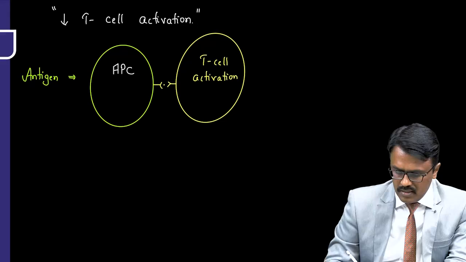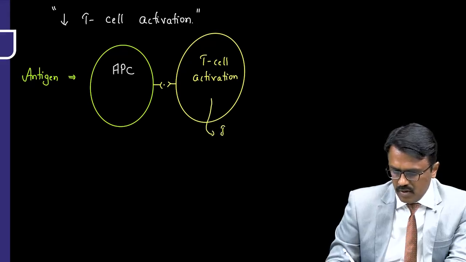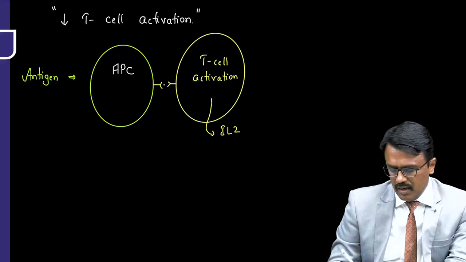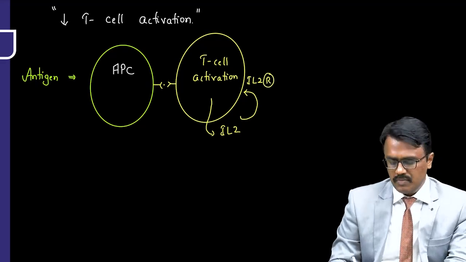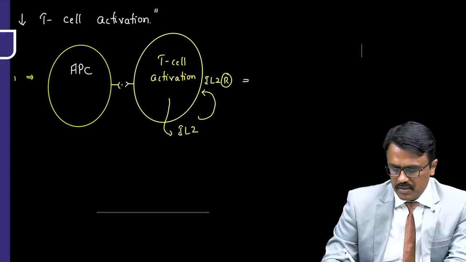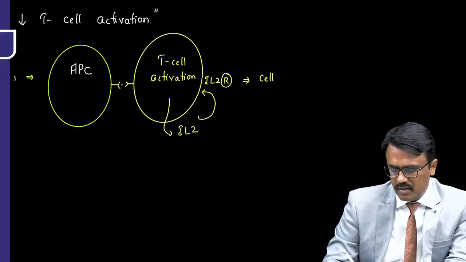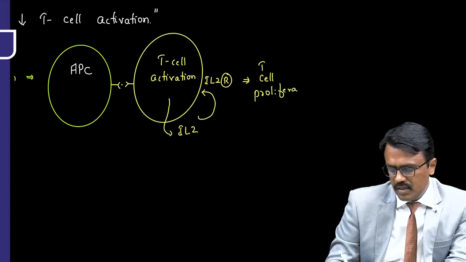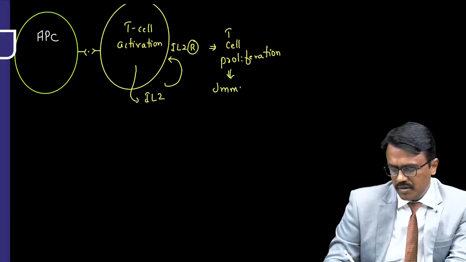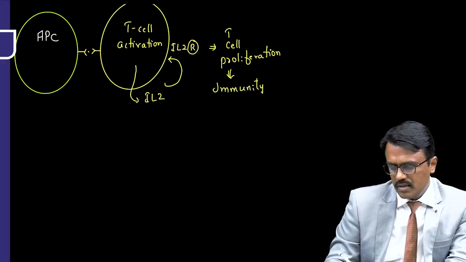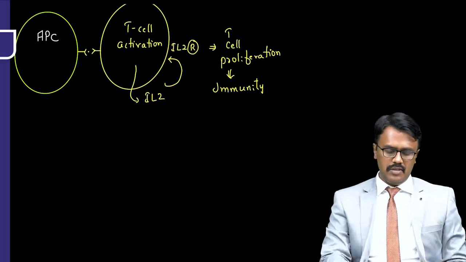When the T cells undergo activation, they release something called interleukin 2. The interleukin 2 acts on the same T cells; there is a receptor called the interleukin 2 receptor. When it acts, there is T cell proliferation. When the T cells proliferate, the immunity is mounted, that is, cell-mediated immunity is seen.